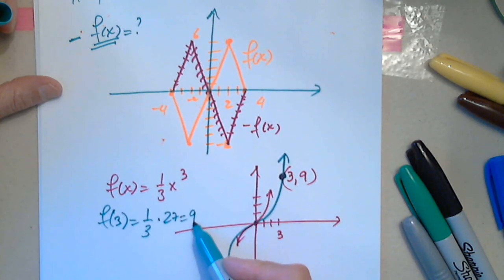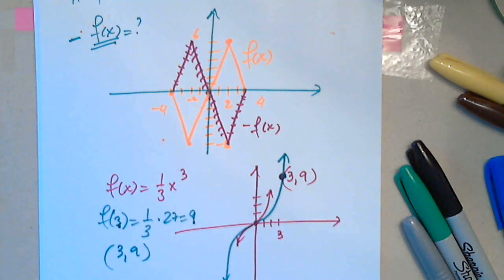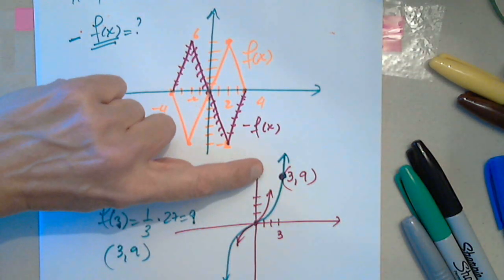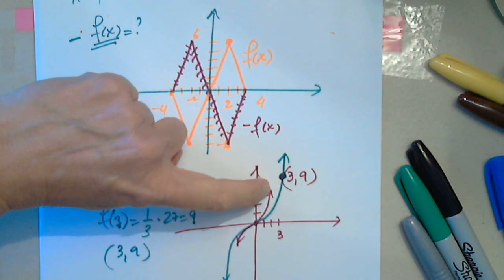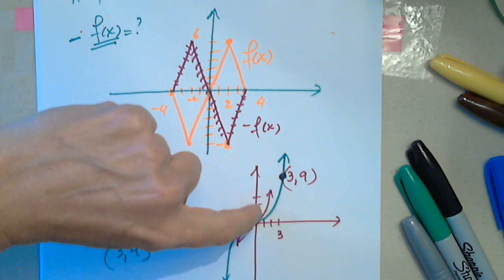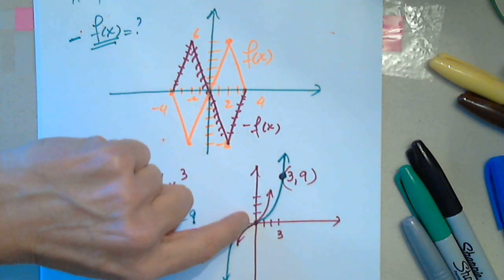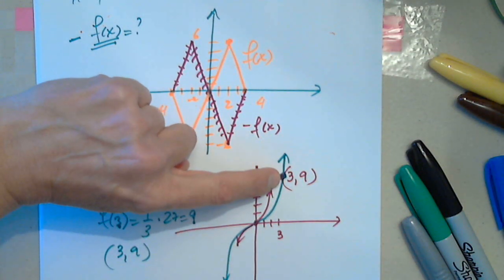When you simplify, you get 9. So you created a point 3, 9. Although the shape is correct, MyMathLab will consider it wrong because it has to go through another point that is verified. So this point is not verified. Or any point here on this part, or on this part is not verified, but this is verified.